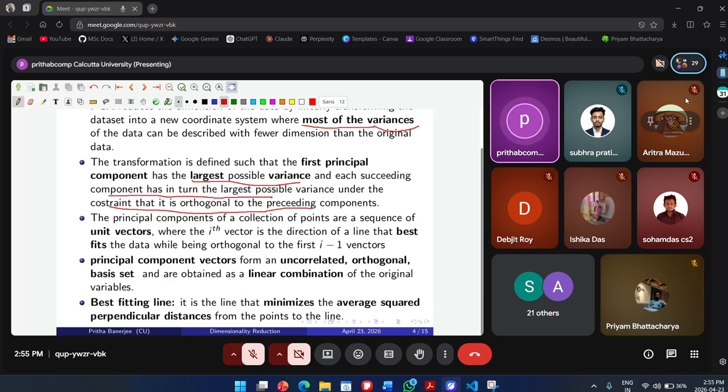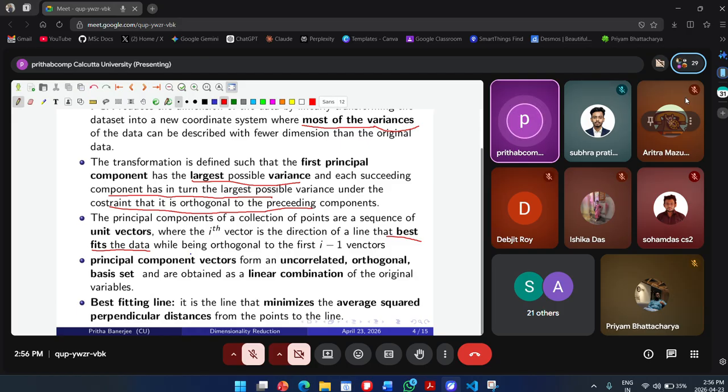Since we are defining a coordinate system using these principal components, it is a sequence of unit vectors, where the ith vector is the direction of a line that best fits the data while being orthogonal to the previous i minus 1 vectors.